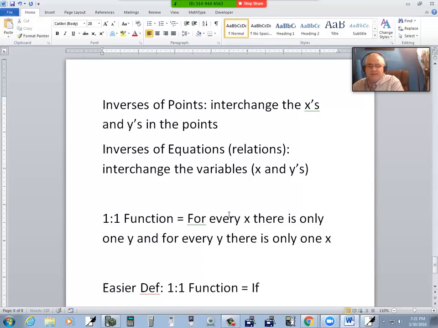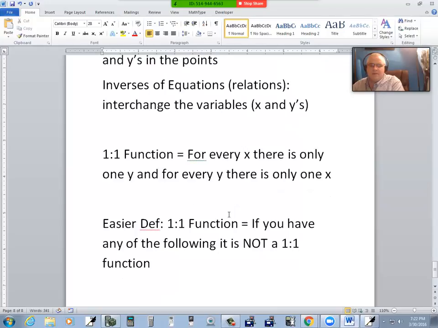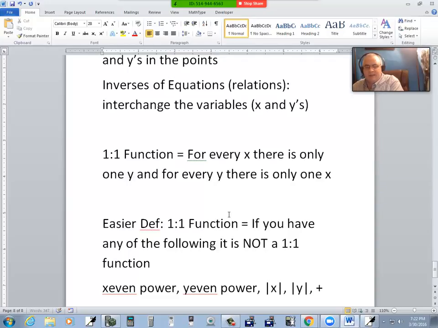says if you have any of the following, it is not a one-to-one function. So if you have x to an even power, if you have y to an even power, if you have the absolute value of x, the absolute value of y, or if you have the plus or minus symbol.